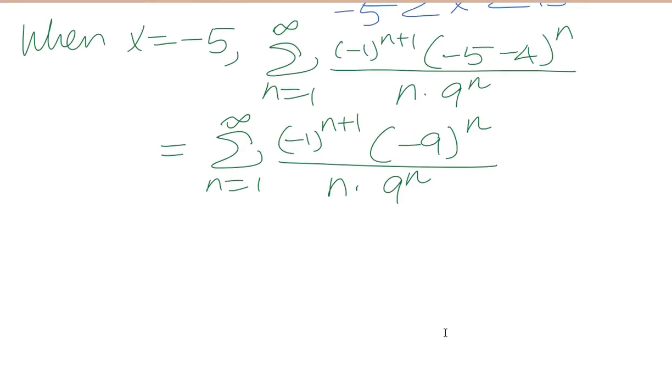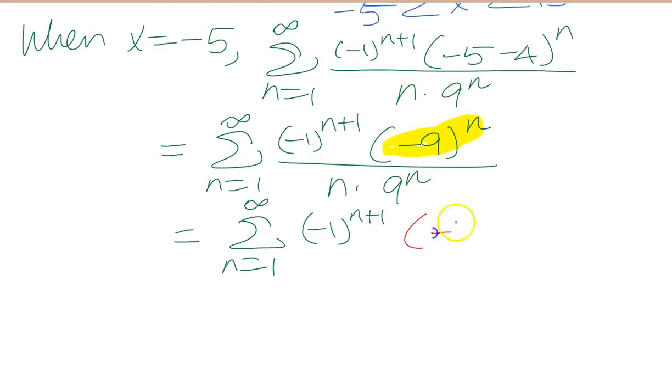Okay, now let's do a bit of algebra to make this work. This is negative 1 to the n plus 1. I'm going to rewrite this as negative 1 to the n times 9 to the n. There's nothing wrong with that, right? Because you can multiply the bases and keep the exponent the same.